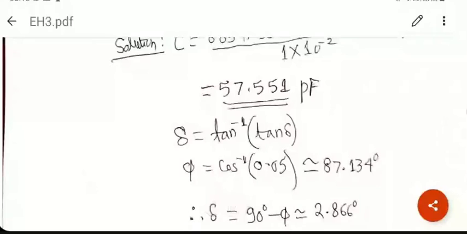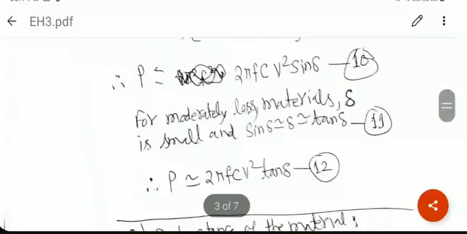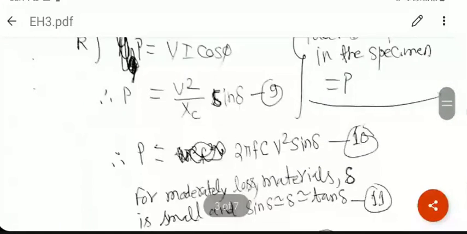So delta is 90 minus 87.134 degrees, which gives us 2.866 degrees. Tan delta is what we need in the equation for power. In this equation, tan delta or sin delta, which are almost equal to each other anyway. So in this equation, tan, or if you want, you can use sin directly.